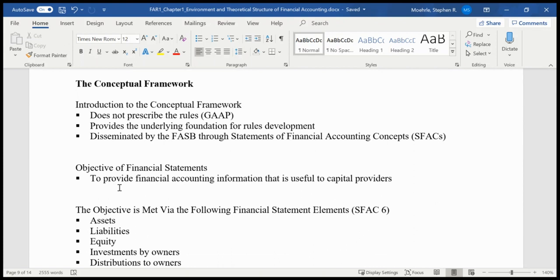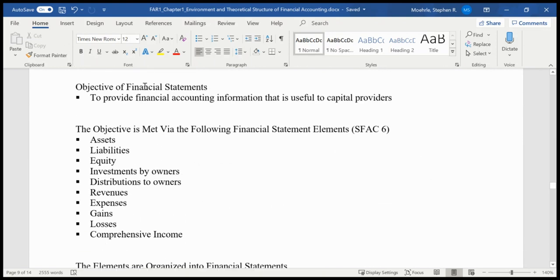The conceptual framework is disseminated by the Financial Accounting Standards Board through the Statements of Financial Accounting Concepts. The objective of the conceptual framework is to provide financial accounting information that is useful to capital providers. That's the objective of the financial statements, and the conceptual framework is designed to meet that objective.